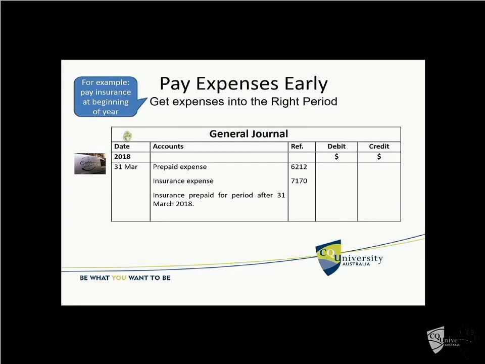And so the insurance company gets all our money up front. But we get the benefit of the insurance over a period. So we've got too much of this expense in this period, so we've got to get some of it out. So we've got the insurance expense and we've got a prepaid expense.